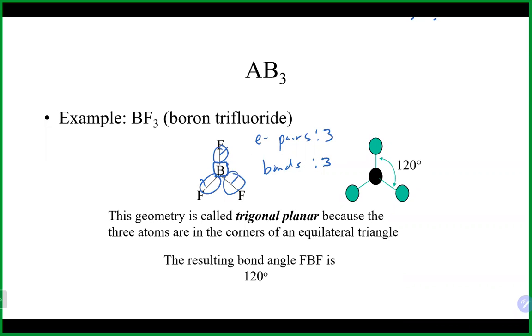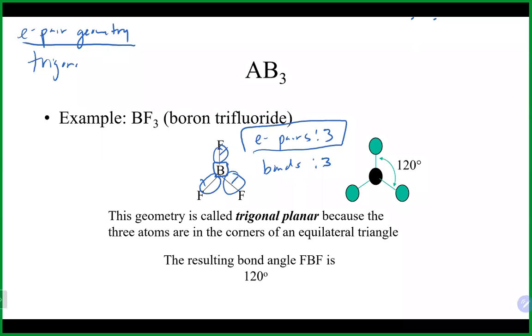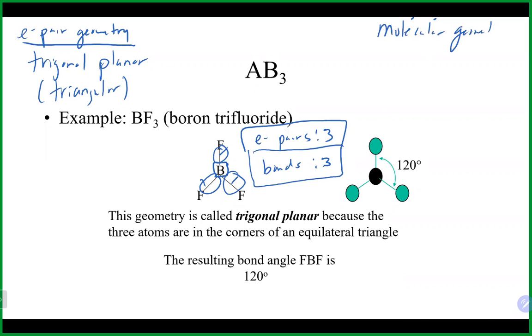For something with three electron pairs, the electron pair geometry is what is known as trigonal planar, or sometimes referred to as triangular. Something with three electron pairs and three bonds will also have a molecular geometry of trigonal planar.